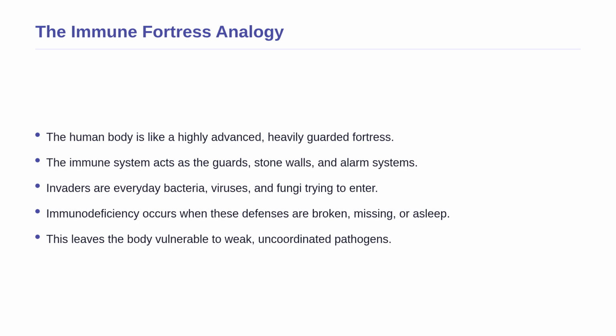In the human body, your immune system is that fortress, and the invaders are everyday bacteria, viruses, and fungi. But what if the guards suddenly fall asleep, or the walls crumble? The fortress becomes incredibly vulnerable. Even the weakest bandits can easily walk in and take over.